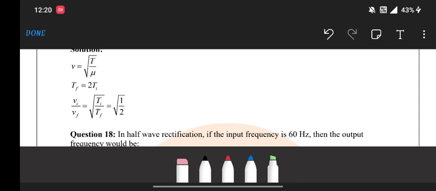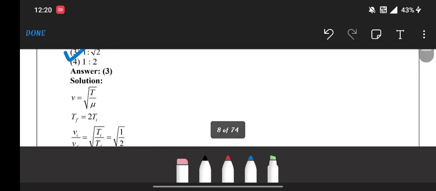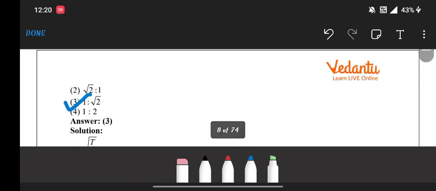We can write it as 1 by root 2, or 1 is to root 2. So 1 is to root 2 is the answer we get, and it is in option C or option 3. So option C or option 3 is the correct answer for question number 17.